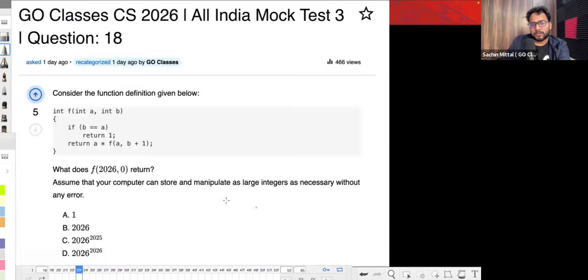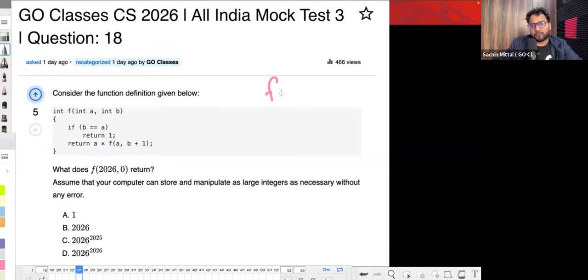Now let's move to this question. This question was related to recursion. So here we are saying f of 2026 comma 0, right? Here, if you notice, a is basically just passed, and this 0 keeps getting incremented, right?